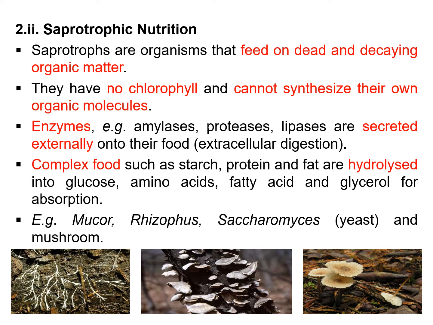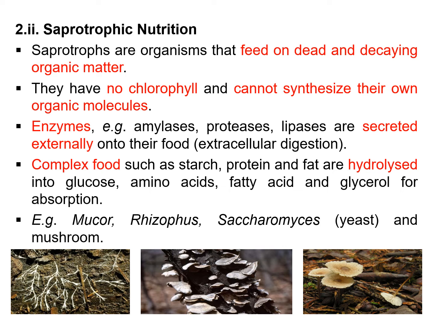In this case, enzymes such as amylase, protease, and lipase are secreted externally onto their food, in the form of extracellular digestion. The complex food such as starch, protein, and fat will be hydrolyzed into glucose, amino acid, fatty acid, and glycerol for absorption.